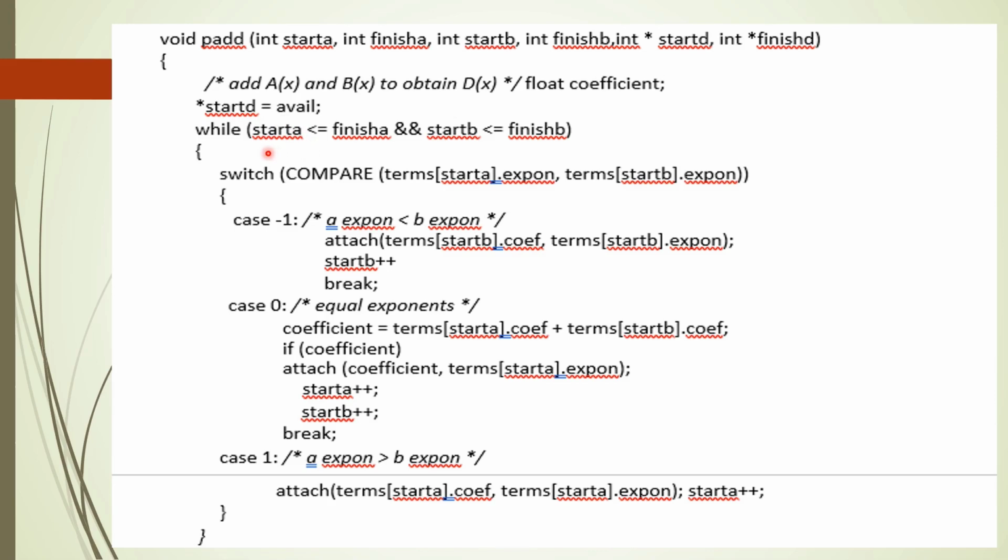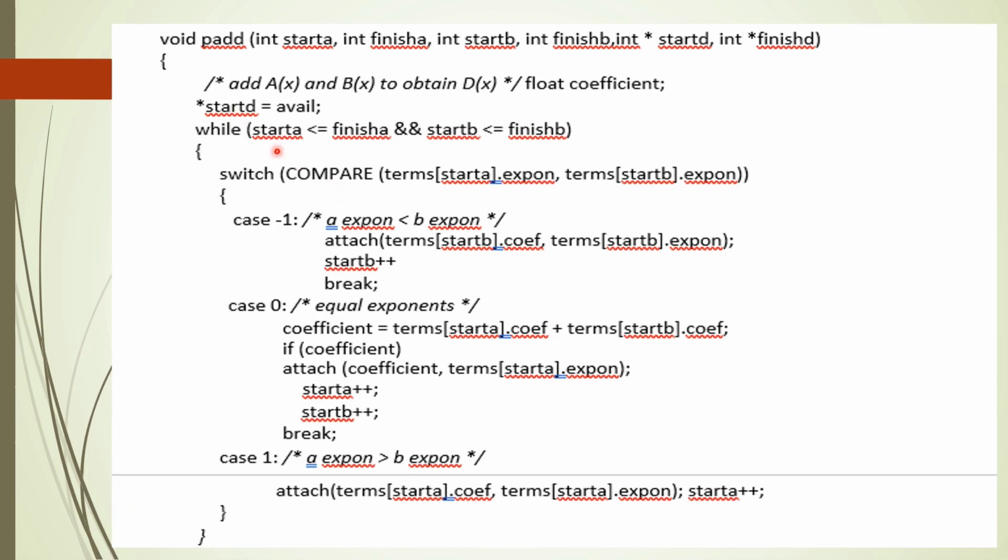First you have to check whether the terms from the first polynomial and the second polynomial exist or not. To perform the addition, you must have terms from both polynomials. If the terms from any one of the polynomials become 0, then you have to come out of the while loop.